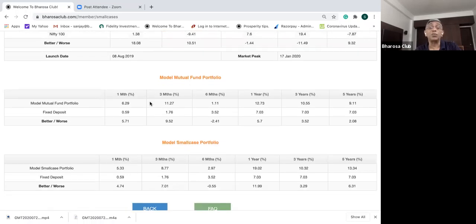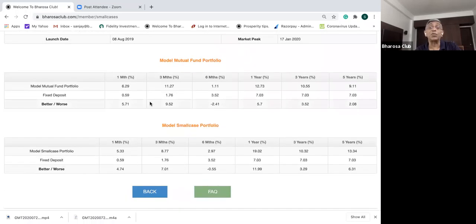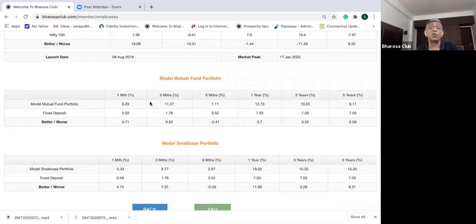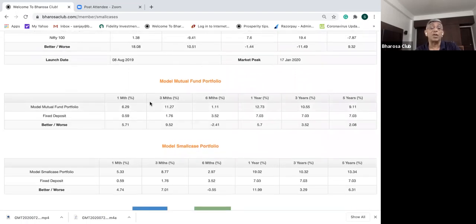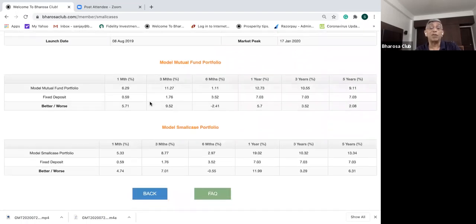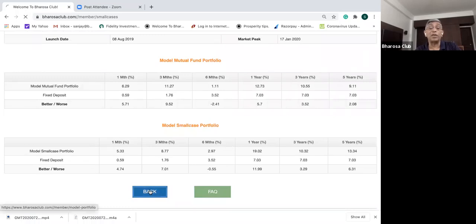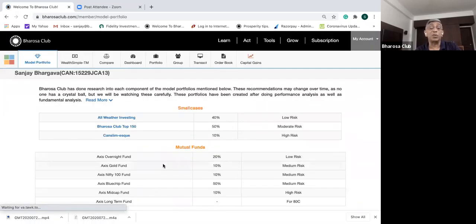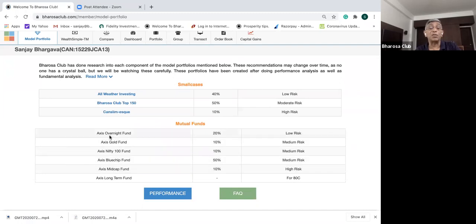Now let's move to the mutual fund portfolio, the model mutual fund portfolio. So how is it done? Actually, before we go there, I'm going to go back and explain to you a little bit about why the Axis Overnight Fund was chosen. Now, the Axis Overnight Fund for 20% of your money.